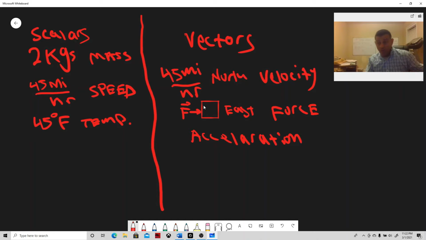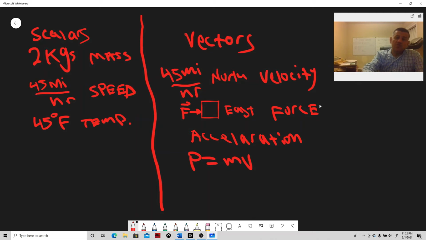You're thinking about momentum, for example, P for momentum, P is equal to M times V, times velocity. So what is V? It's actually a vector, so this makes P a vector.